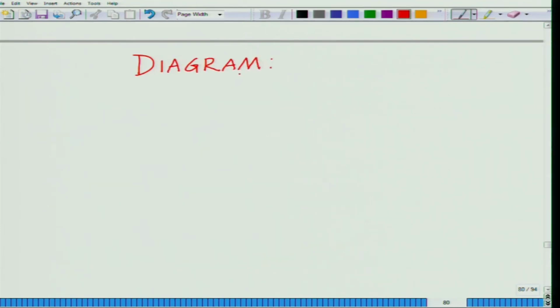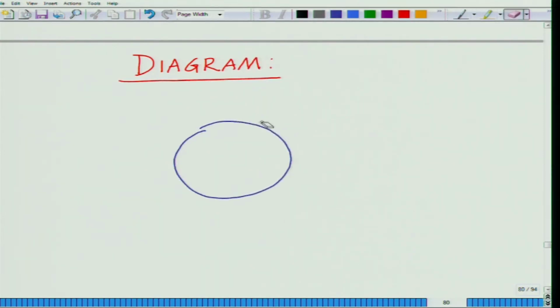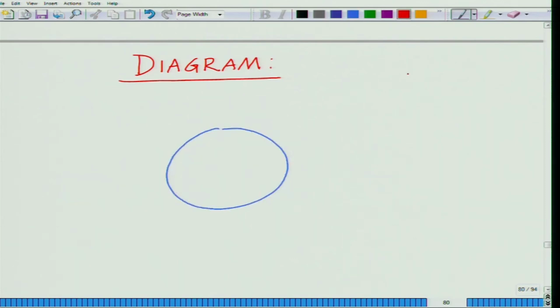In fact, not just mutual information, but the various measures of information that we have seen. So, let us say we have two sources. One is x, the other is y. So, this is your source x, this is y.